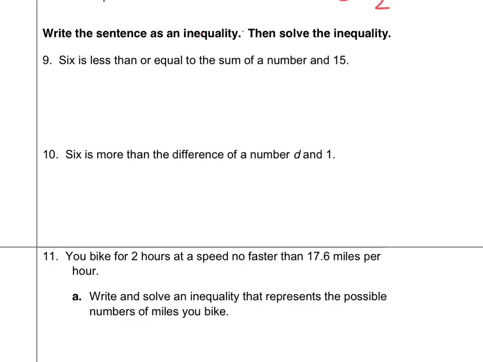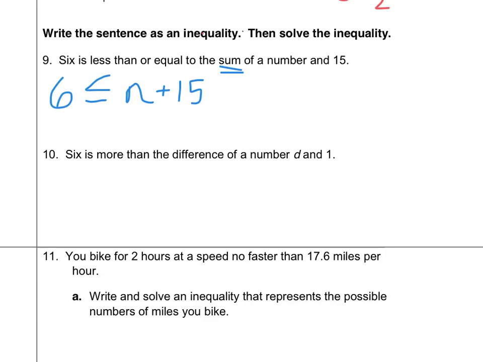We've got 6 is less than or equal to, so the one that looks like an L, but also has part of an equal sign on it. Okay, so 6 is less than or equal to the sum. You need to know that sum means addition. So the sum of a number and 15. So a number plus 15.